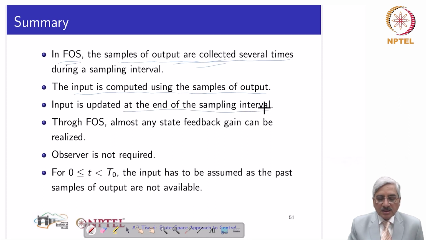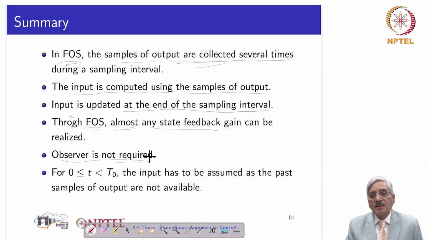And almost any state feedback can be realized in FOS. Of course, there is only one restriction, that there should not be any pole at the origin. So subject to that restriction, any state feedback can be realized, and that is the reason this word almost is written here. And then, of course, an observer is not required.